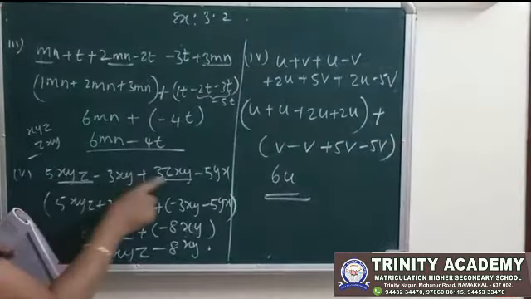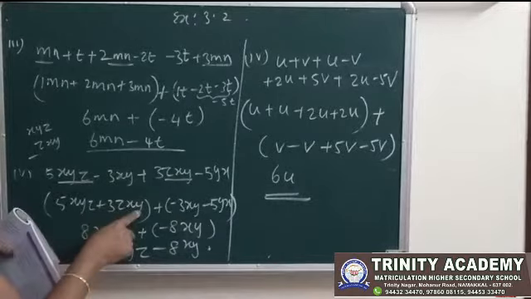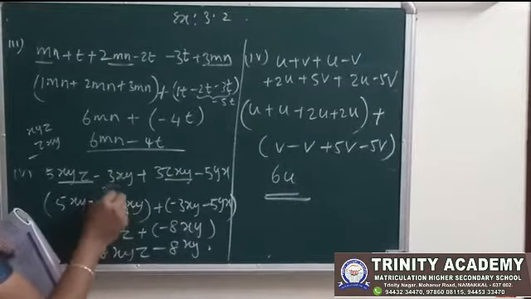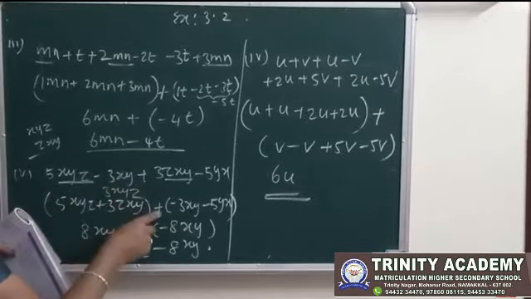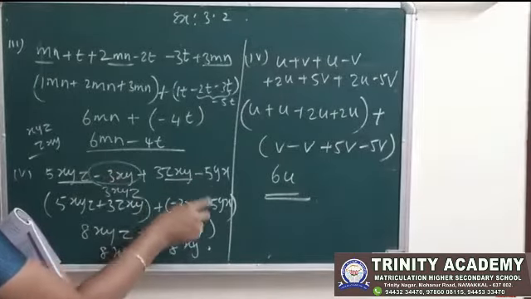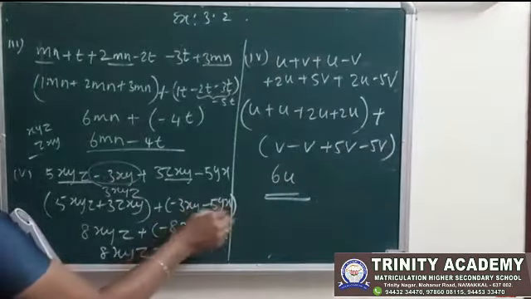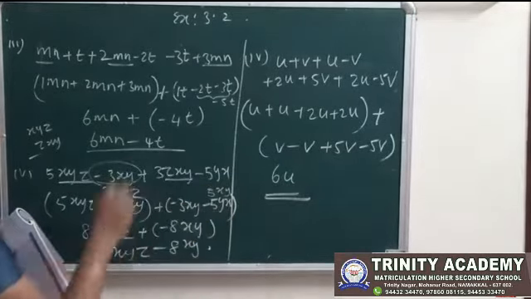Now we group these two terms, that is 5xyz plus 3zxy. This one we write 3xyz. Both are equal. Then plus, here what is given? Minus 3xy minus 5yx. This minus 5yx we can write minus 5xy.